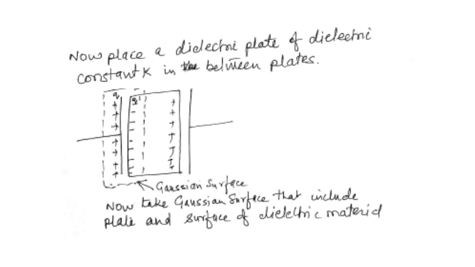Now, if we place a dielectric material in this, remember I have taken the Gaussian surface in a special manner, so that it includes not only the surface of this metal plate, but also the surface of the dielectric material.